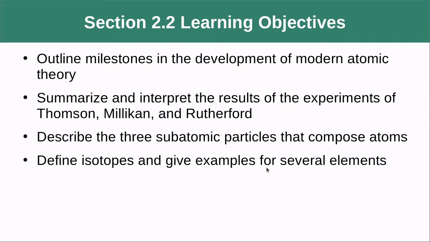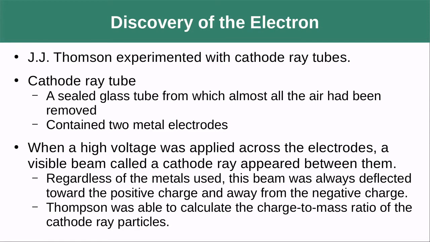In section 2.2, we're going to talk about some famous experiments that led us to the discovery of the subatomic particles that make up atoms. We're going to begin with J.J. Thomson. He was experimenting with cathode ray tubes. These are sealed glass tubes where you remove all the air inside of them. They contain 2 metal electrodes which you charge with high voltage.